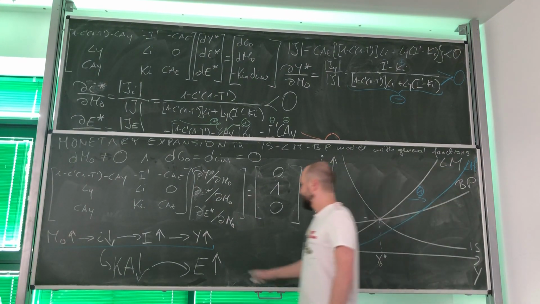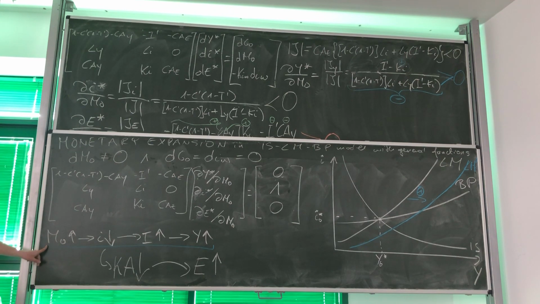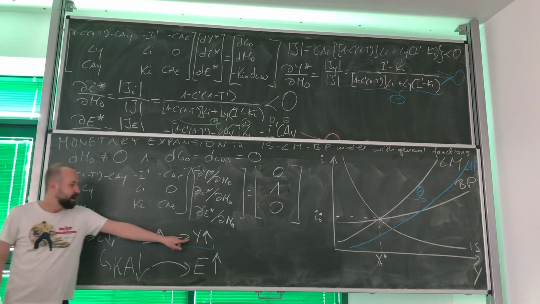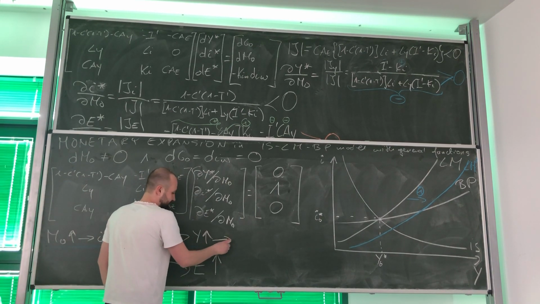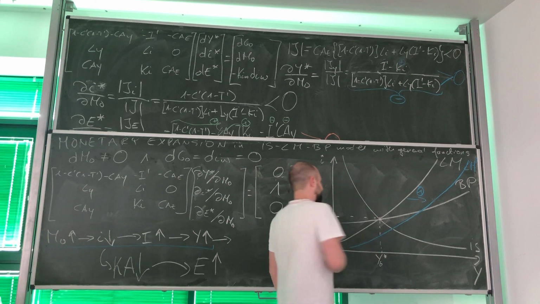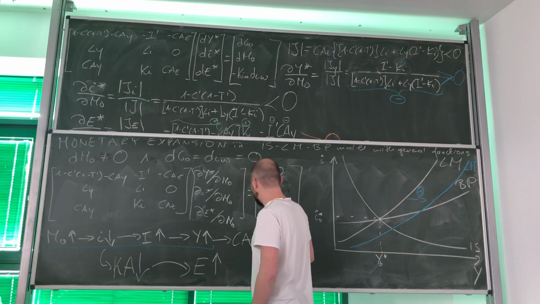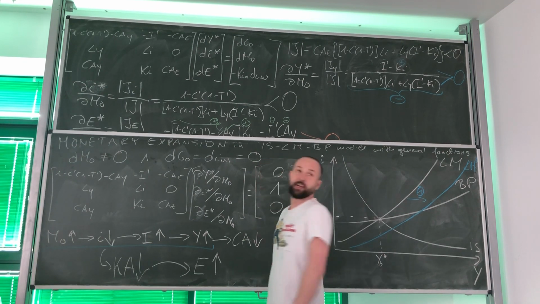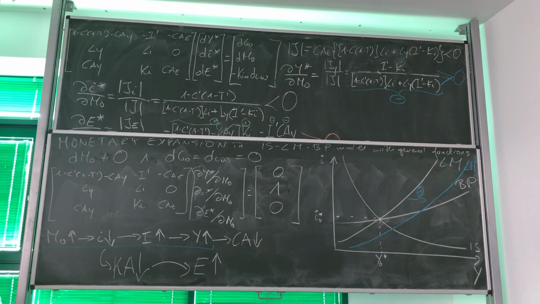Okay, now, what happens? But this is not the end, right? After we use monetary expansion, our GDP increases. And when our GDP increases, what happens? Our current account, we have higher imports, which means the current account goes into deficit.